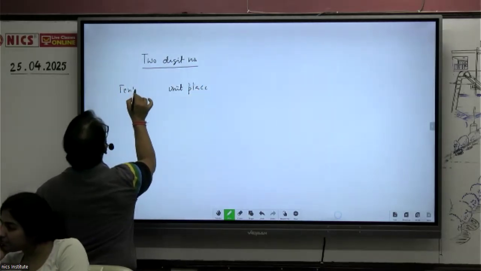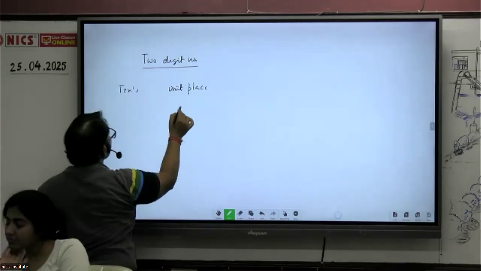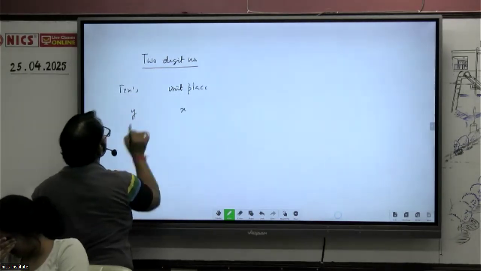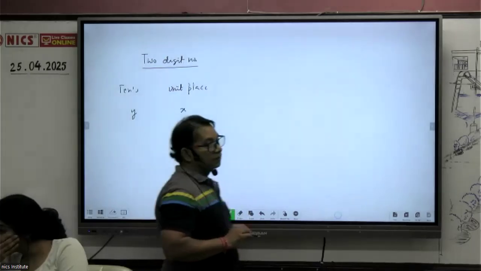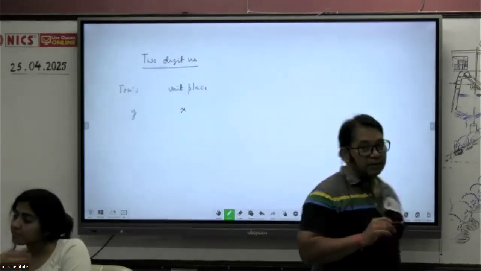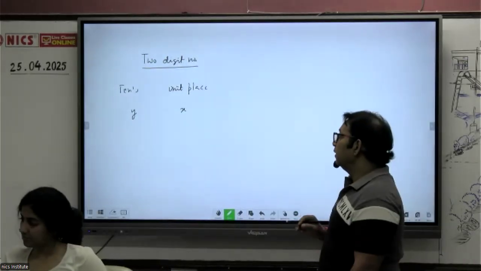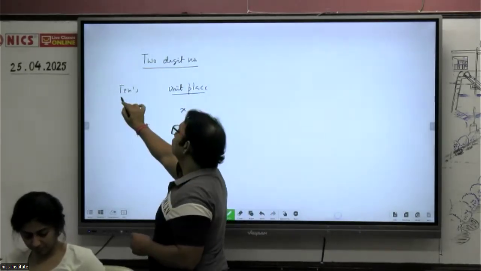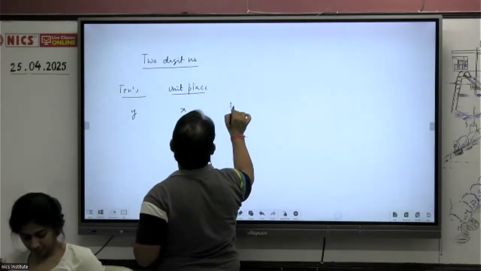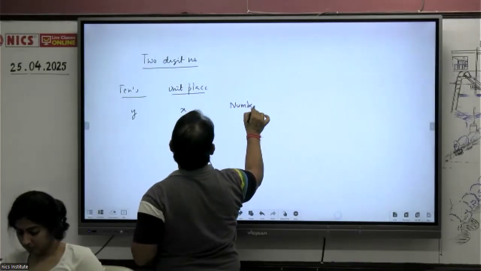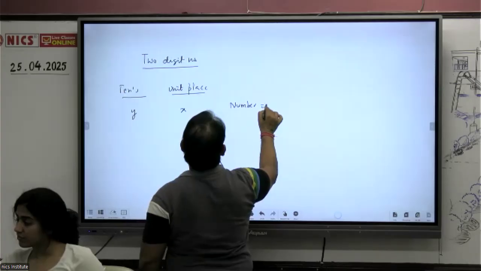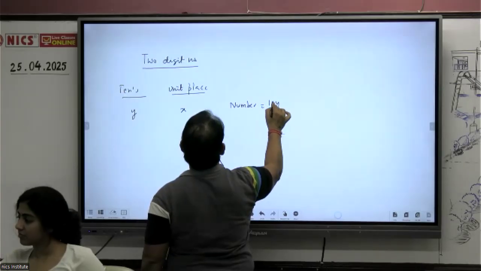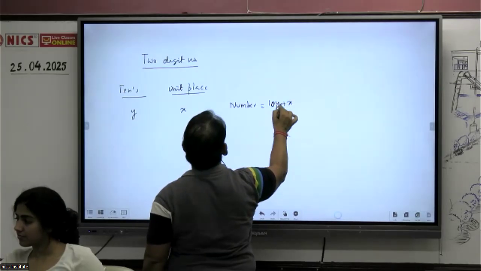Digits on tens place and unit place, you can take x and y. So if the digit at the units place is x and tens place is y, what will be the number? 10y plus x, right?